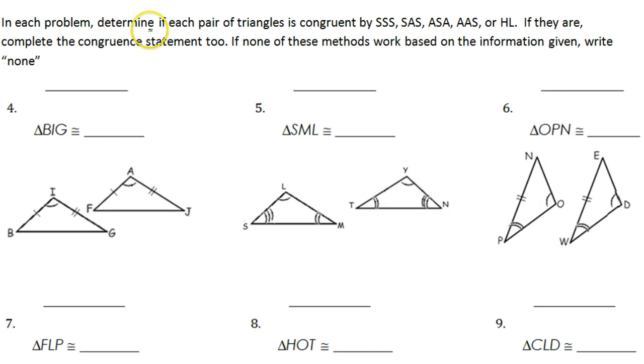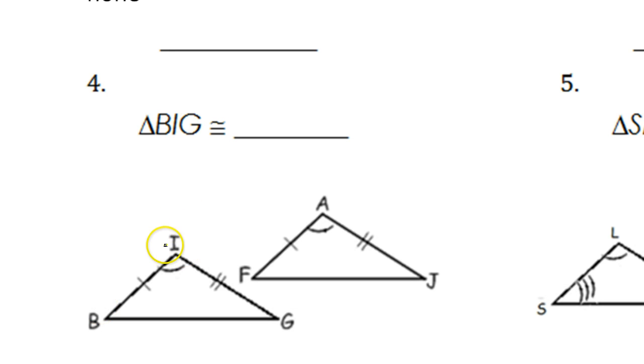In each problem we're supposed to determine if each pair of triangles is congruent by side-side-side, side-angle-side, angle-side-angle, angle-angle-side, or hypotenuse-leg. If they are, complete the congruence statement too. If none of these methods work based on the information given, write none. So problem number 4.